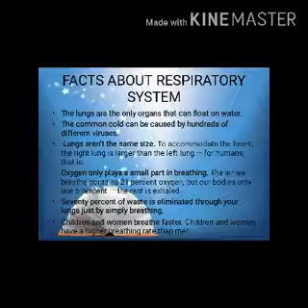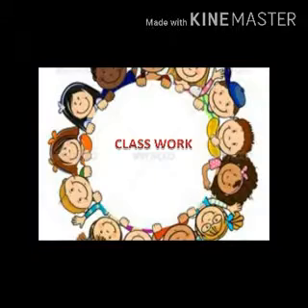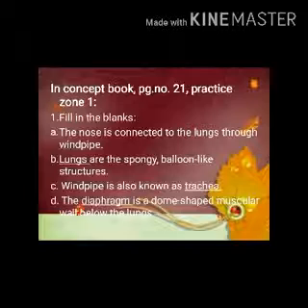Thank you. Okay, now we are going to see the classwork. So take your concept book, practice zone 1, on page number 2. In these questions, you have finished some of them already, no? Just make sure about your answers, right?